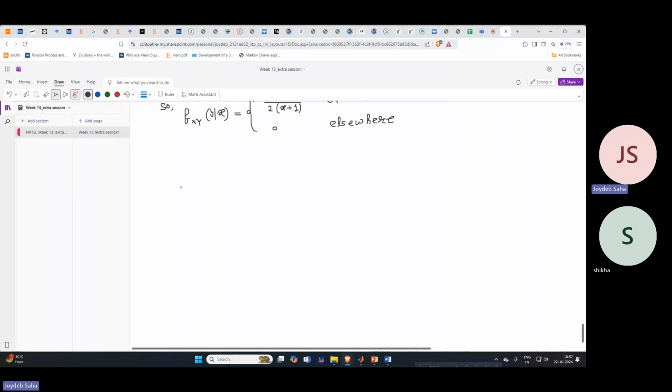Okay, now in the similar way we will calculate marginal density of y.